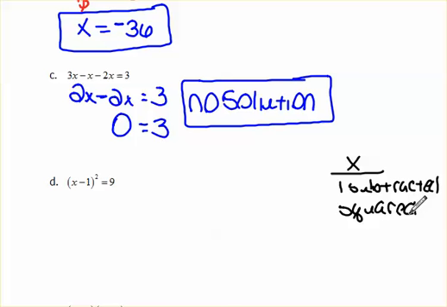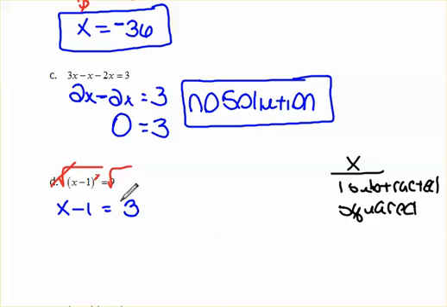So the opposite of squaring would be the square root. So we're going to take the square root of both sides first. Squaring and square rooting undo each other. Those are opposite operations. So we're left with x minus 1 equals the square root of 9, which is 3.